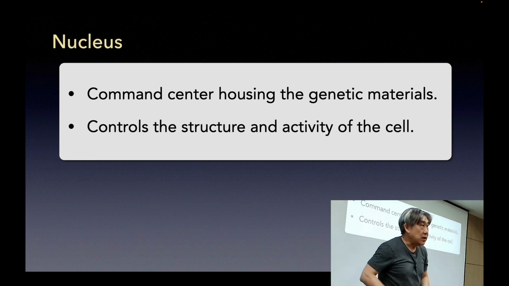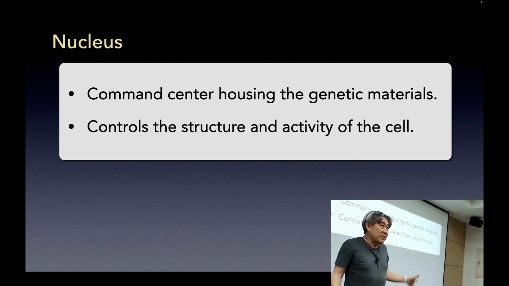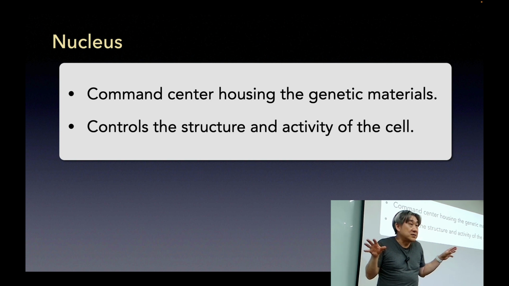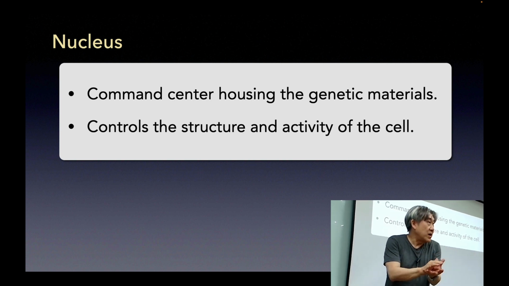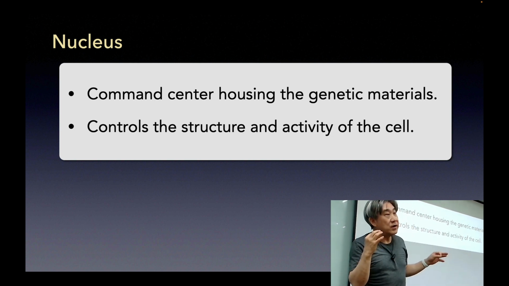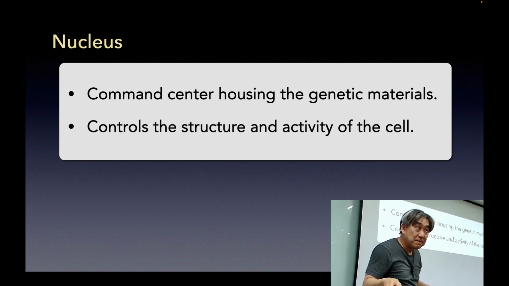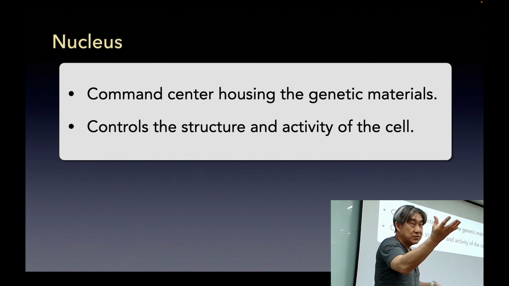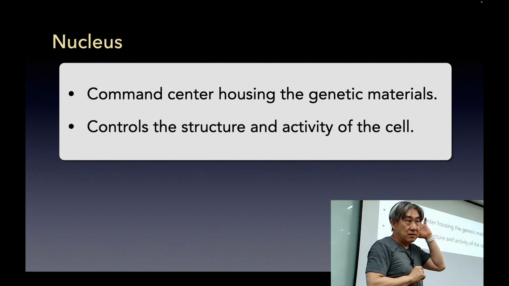And also, in order to support that activity from the outside, the cytoplasm, cytosol, we need to provide some raw material. How do we do that? How do we coordinate such material traffic between inside of the nucleus and outside of the nucleus? Probably that's another thing that you might want to learn.